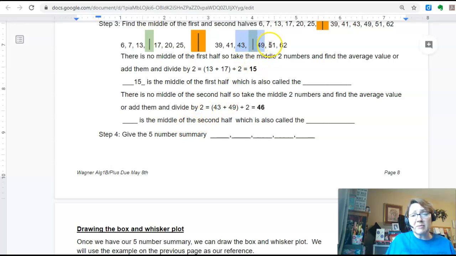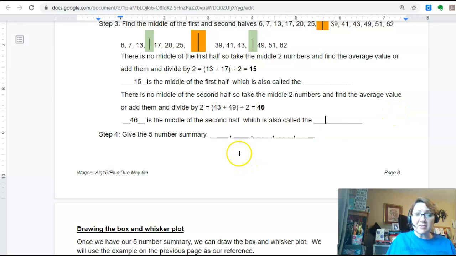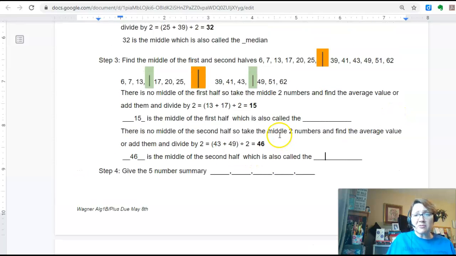So I have to take them and divide by 2. And we get 46. So then we put a 46 in here. And that one is called the upper quartile. So then we have our summary. So what is our summary? 6 would go right here because that's the smallest number. We'd have the middle of the first half. This is the first half.